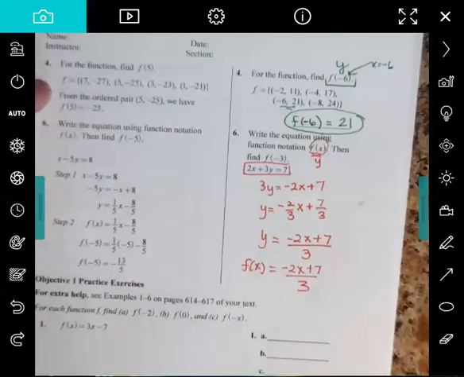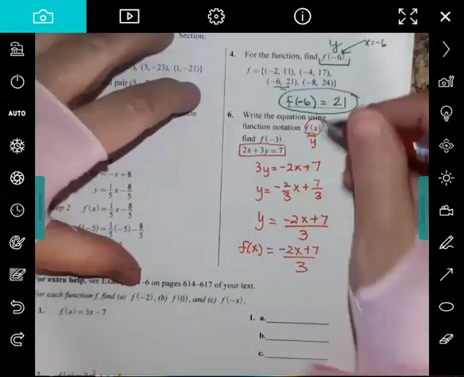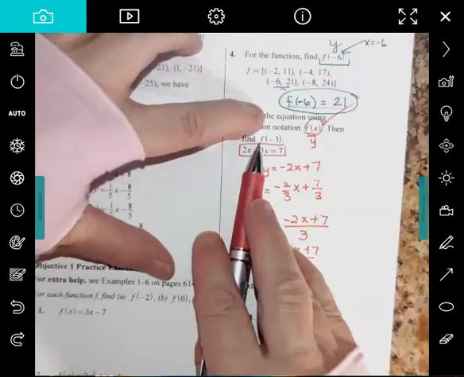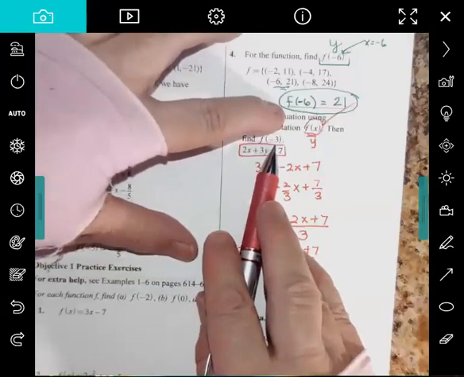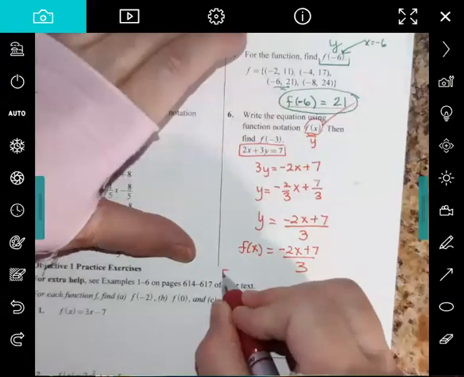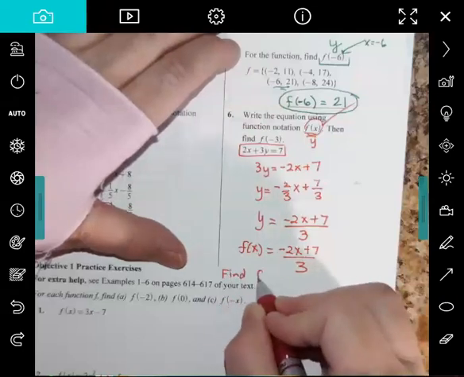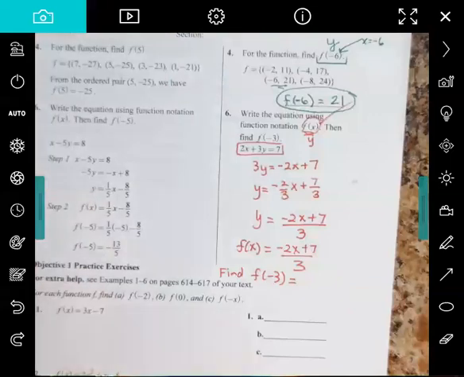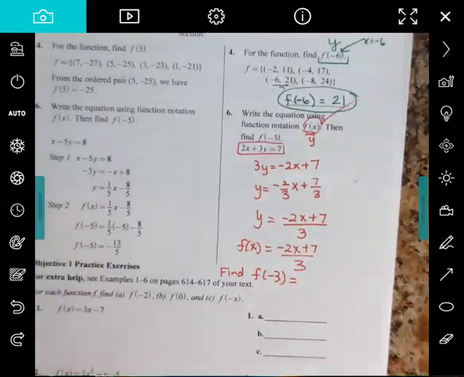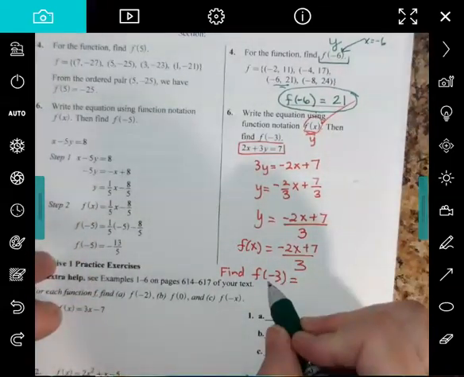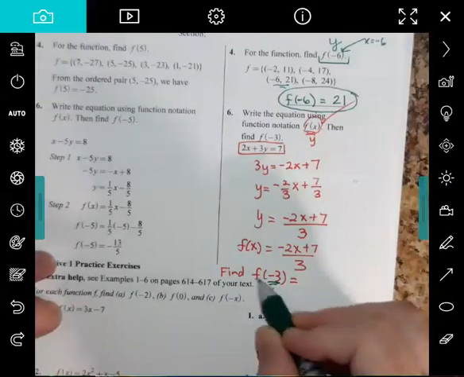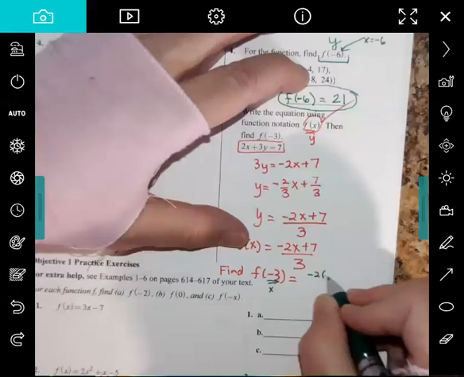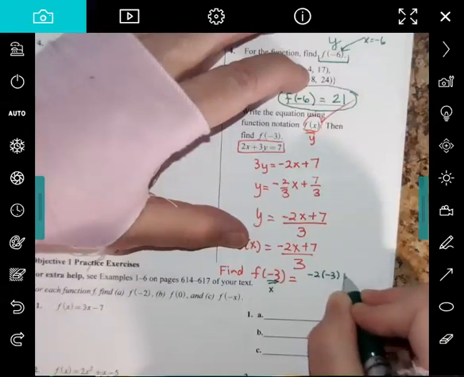Now that's the first one. Check. Now then find f at negative 3. Okay, so now I'm going to find f at negative 3. In that case, they're saying that this is going to be the x value. Figure out what the corresponding y is. So I have a negative 2. I'm putting in a negative 3.